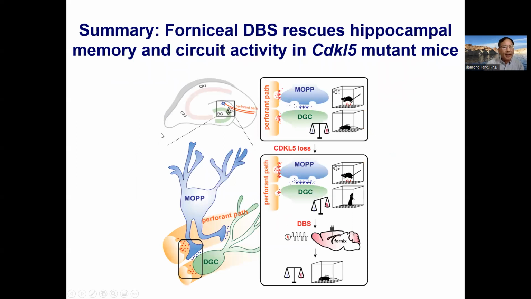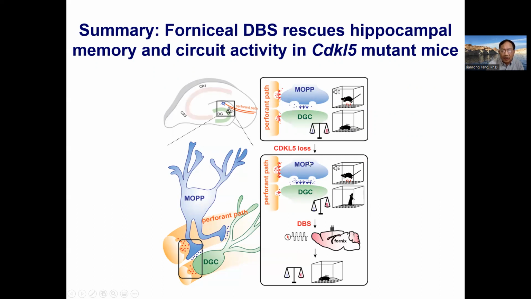So in summary, I have shown you that MAP cells mediate the perforant path to the dentate granule cells feed-forward inhibition. In wild-type mice, the perforant path has a stronger excitatory input to the MAP cells than to the dentate granule cells. Under this condition, the inhibition and the excitation are balanced, and the mice show normal memory.